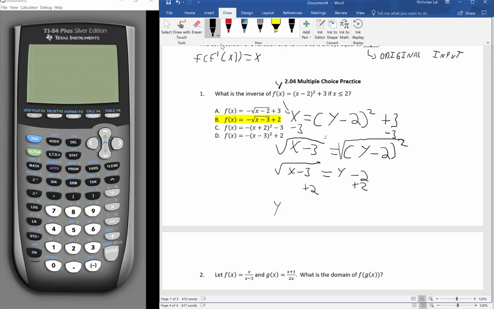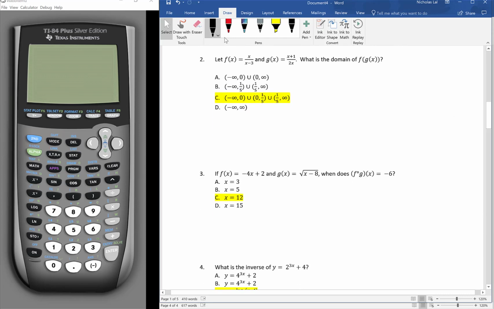So y is equal to the square root of x minus 3 plus 2. And so this is the inverse of the function, the inverse of f of x. And what it was meant to have here is plus minus. So just ignore those dashes, but the answer is B. That was just a small typo there.